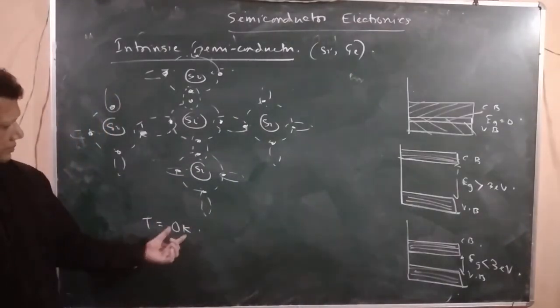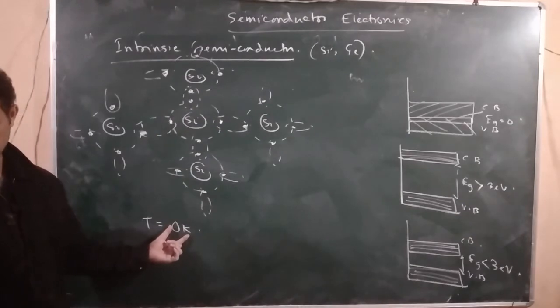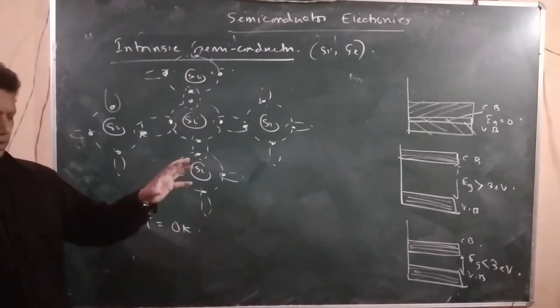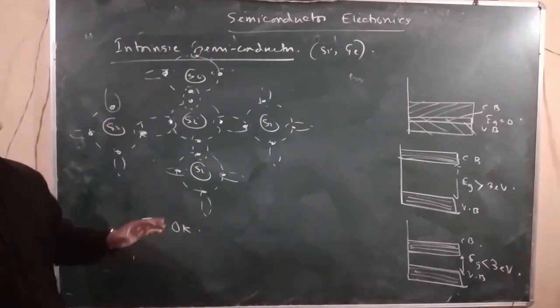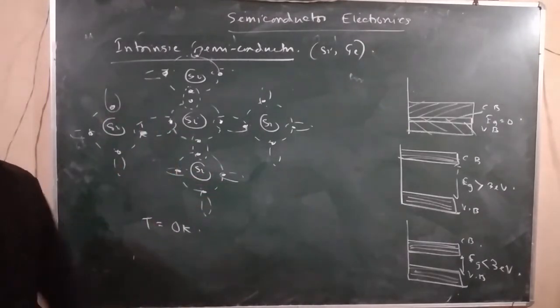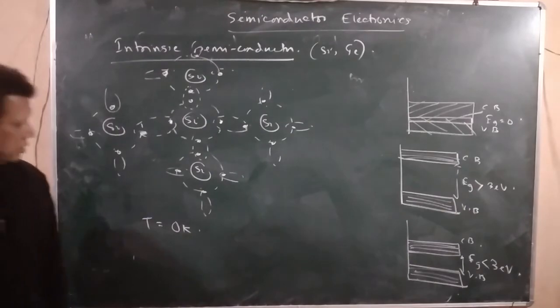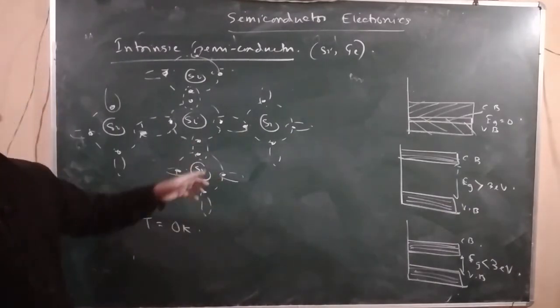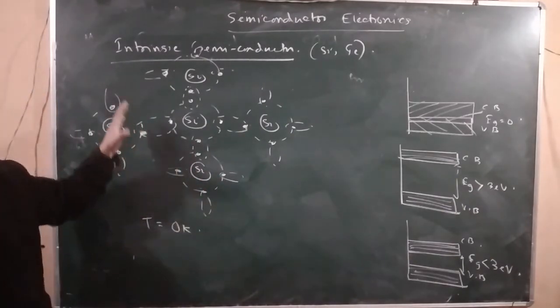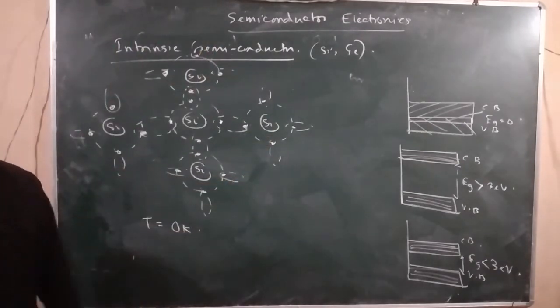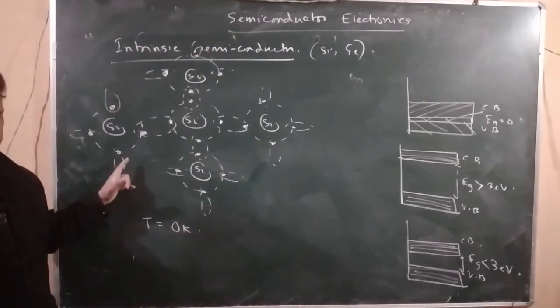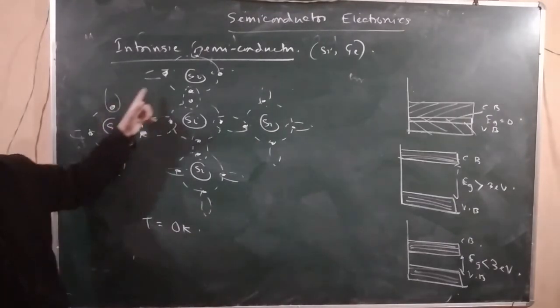We know that at absolute 0 temperature, all electron motion will cease to occur, or the electrons will have no energy. That means all these covalent bonds are intact. No covalent bond will break. And if the covalent bonds do not break, then no electron becomes free.